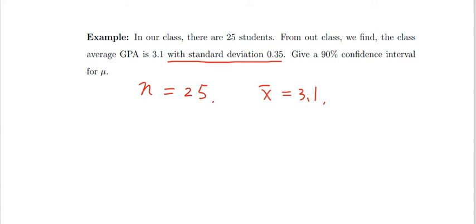So we have the information from our class: we can find the class size, class mean, and class standard deviation. So this standard deviation is the sample one, so S. Okay. So based on our class's information, or the sample's information, we want to give a 90% confidence interval for mu.